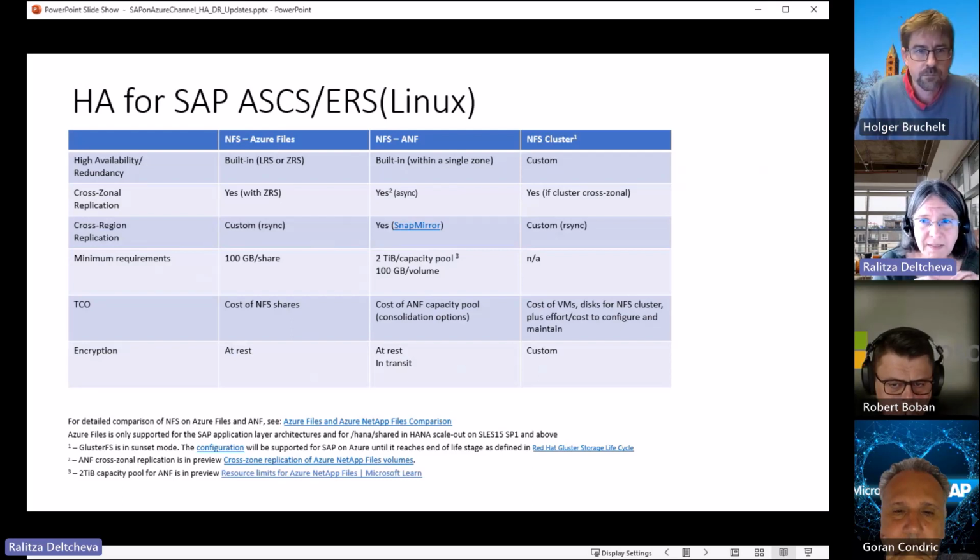But I want to spend a moment to talk about the differences. For in-zone redundancy, I would say they're both equally protected. You have 3 copies with Azure Files. NFS on ANF also has a built-in resilience within the zone. There is a difference when it comes to the cross-zonal replication.